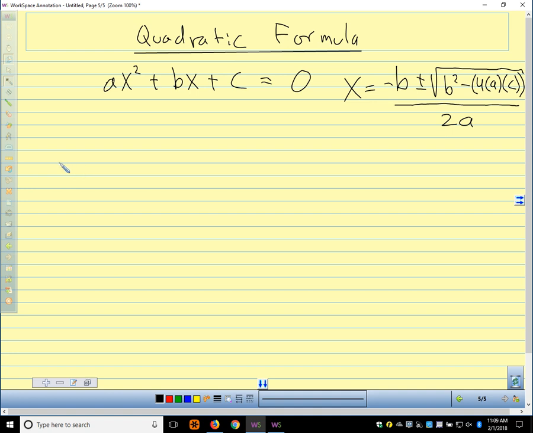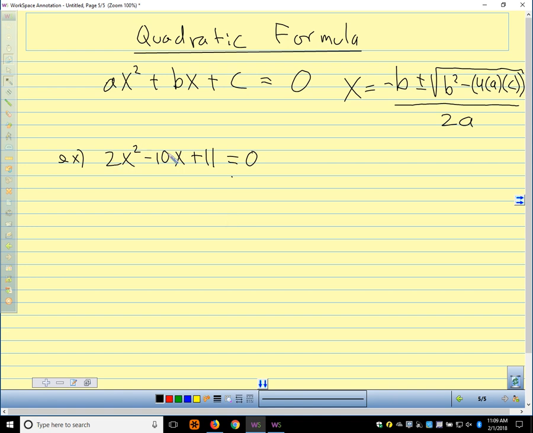So let's look at an example. And we'll practice some of these on whiteboards after we finish today. 2x squared minus 10x plus 11 equals 0. So we did some kind of work, and this is the equation we need to solve.